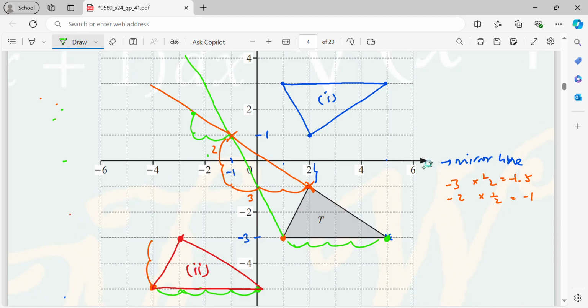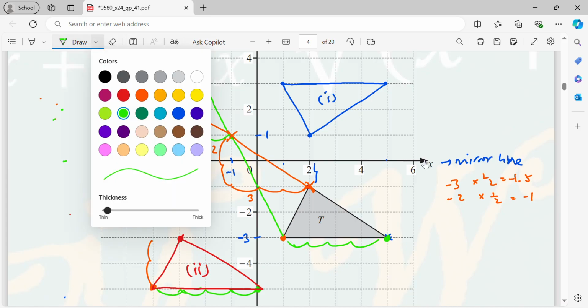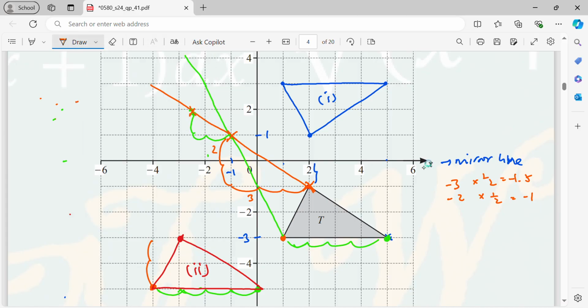Okay, so 1 is here. So the points will be here when you do the enlargement. Then same goes to this line. For your information, the image should be on the orange line and also the green line.